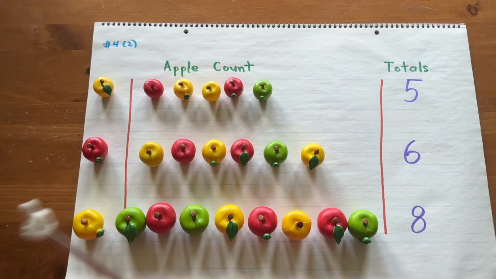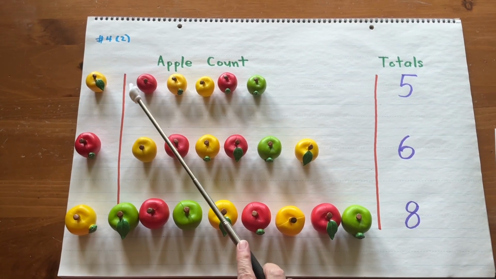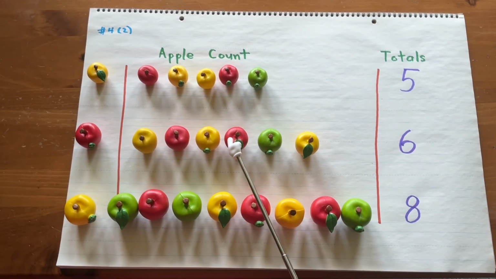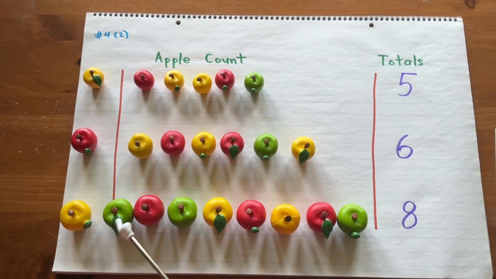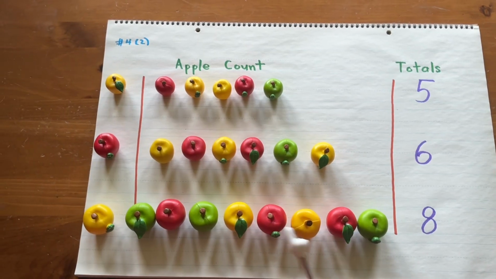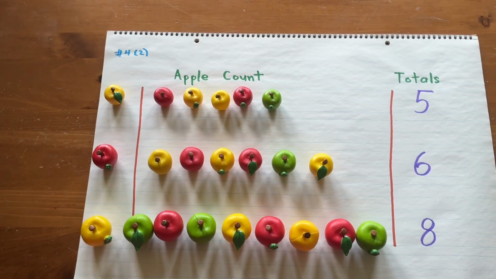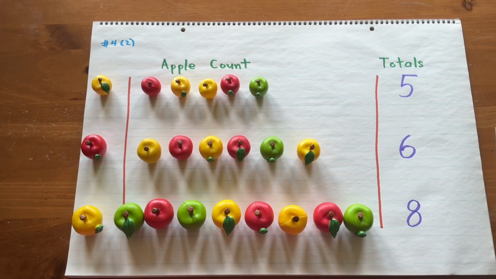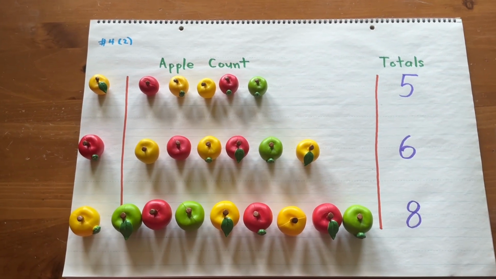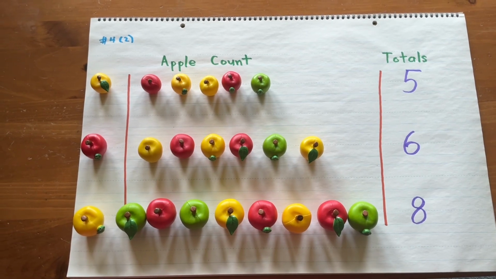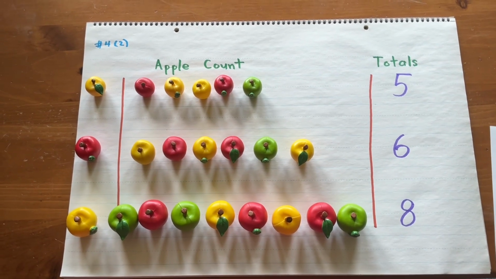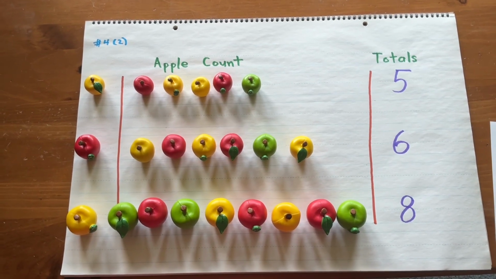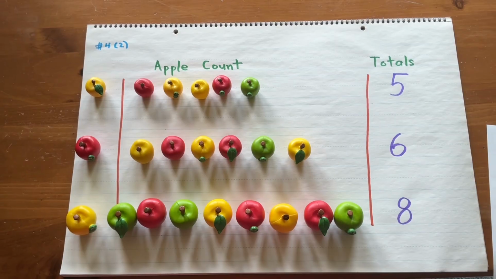How many do I have in all? 1, 2, 3, 4, 5, 6, 7, 8, 9, 10, 11, 12, 13, 14, 15, 16, 17, 18, 19. I have 19 apples in all. Now, some of the scholars might at this time be able to add those 3 numbers, but right now we're using the strategy counting on or counting all.